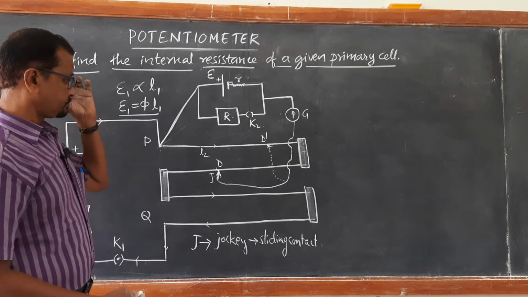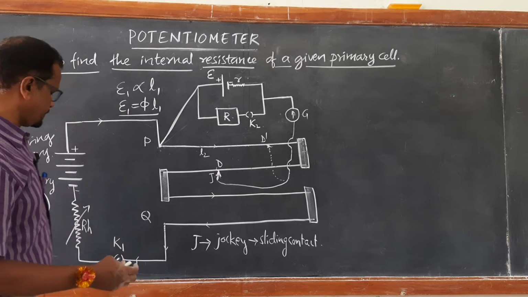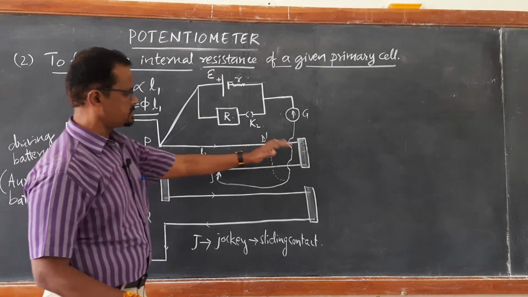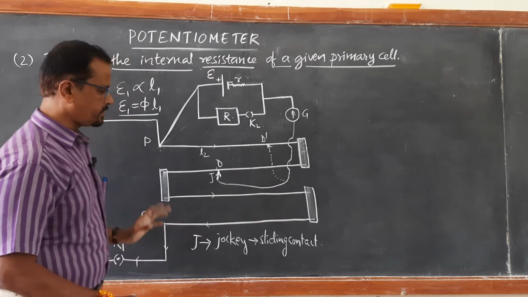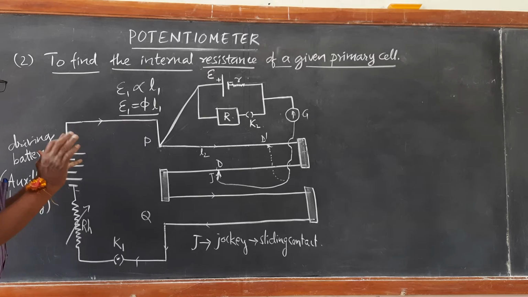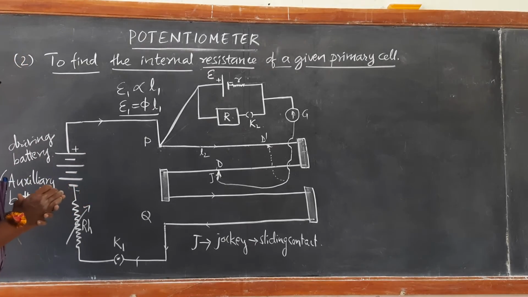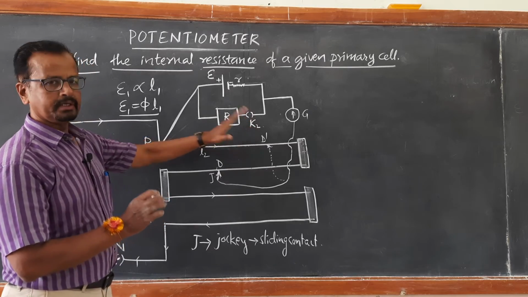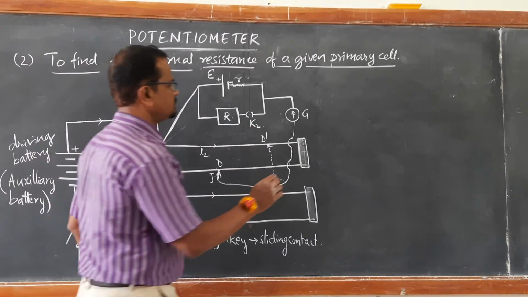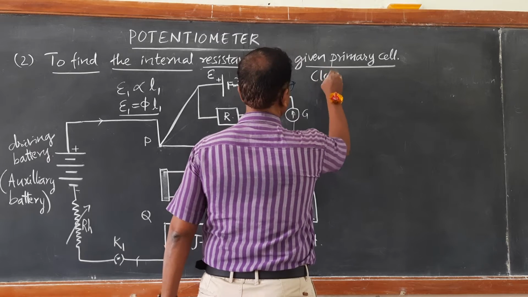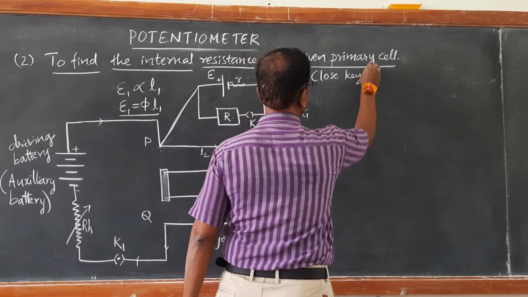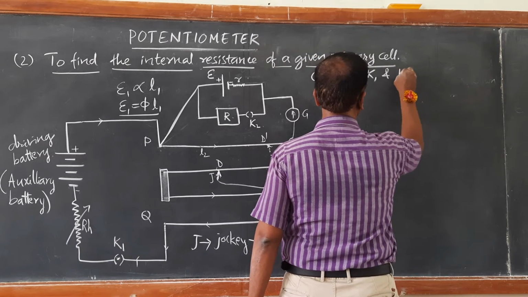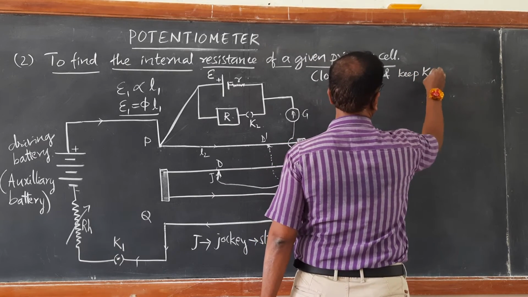Now to start with the experiment, again we close the key K1 and a current flows through this 4-meter wire of the potentiometer, and some constant value of current is chosen. Next, close key K1 and keep K2 open.